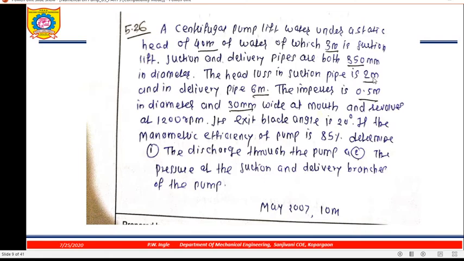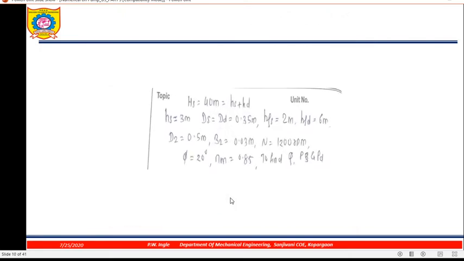Head loss in suction pipe is 2 meter and in delivery pipe is 6 meter. Okay. The impeller is 0.5 meter in diameter and 30 mm wide at mouth and revolves at 1200 rpm. Its exit blade angle is 20 degree and manometric efficiency is 85%. We have to calculate discharge and pressure at suction and delivery branches of pump.